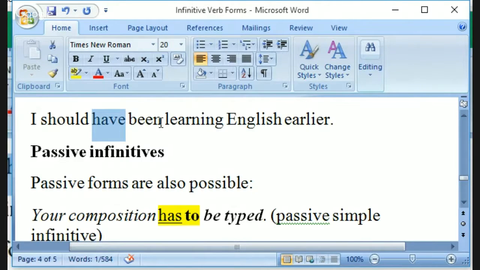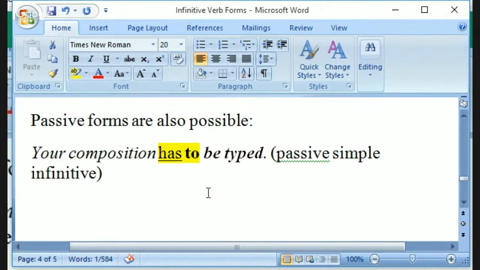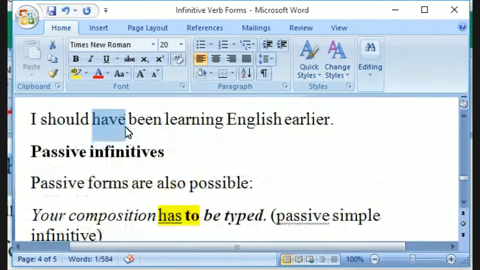Should, okay. Very interesting, very confusing. I guess it has to be to have been, it should to have been learn. Oh, yeah, okay. Should to have been. No, should to be. Should to have.